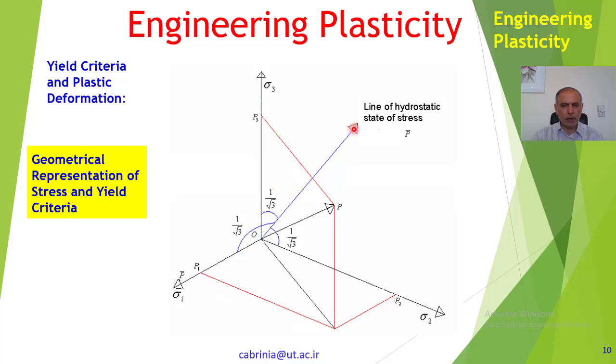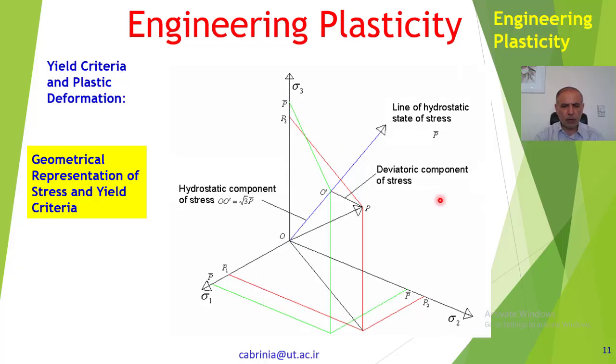So it has the same components on sigma 1, sigma 2, sigma 3, and that's why we call it hydrostatic state of stress, because all its components in all directions are the same, right? So that's the blue line showing the hydrostatic component of stress in general. We can increase the hydrostatic pressure along this line or decrease it along this line.